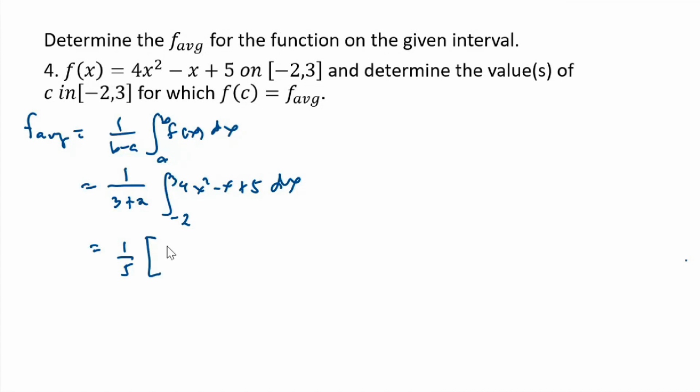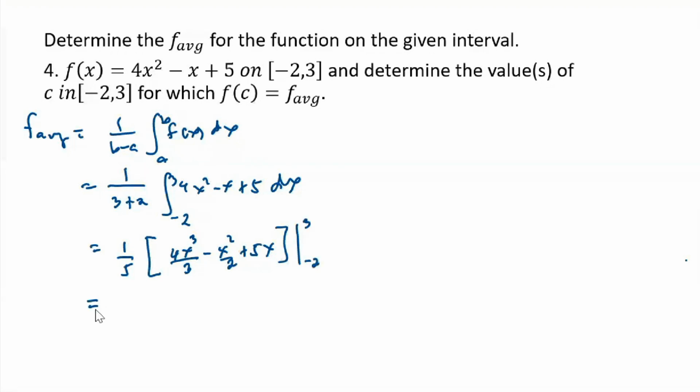So let's take the integration. We have the integration of 4x squared, which is 4x cubed over 3, minus the integration of x, which is x squared over 2, and the last term becomes 5x, evaluated from negative 2 to 3.